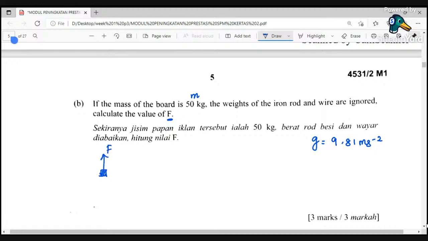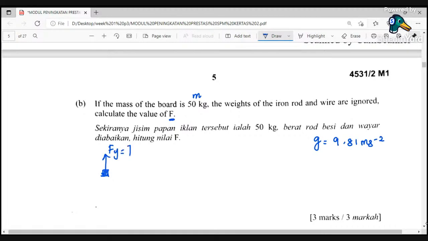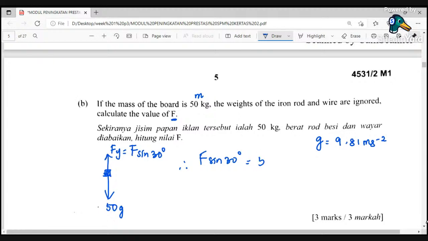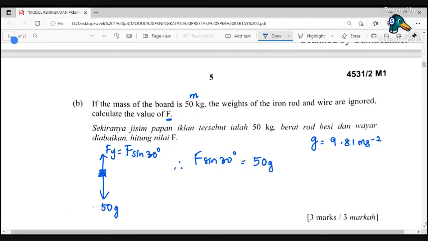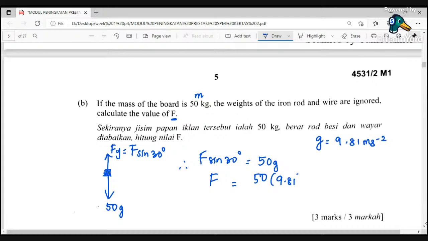Component Fy F sine 30, weight downward 50 G. Means F sine 30 equals to 50 G. F equals to 50 times 9.81 divided by sine 30.